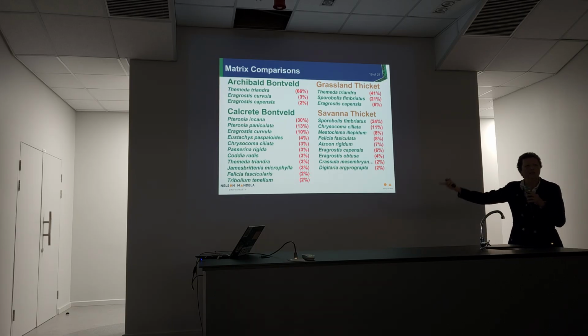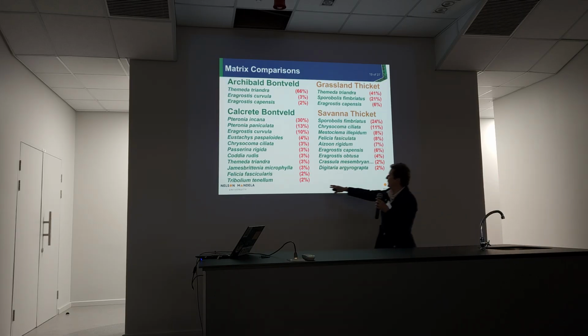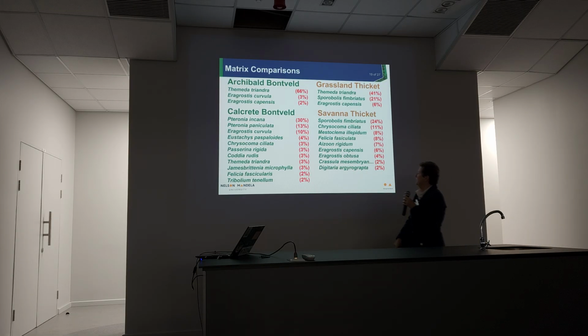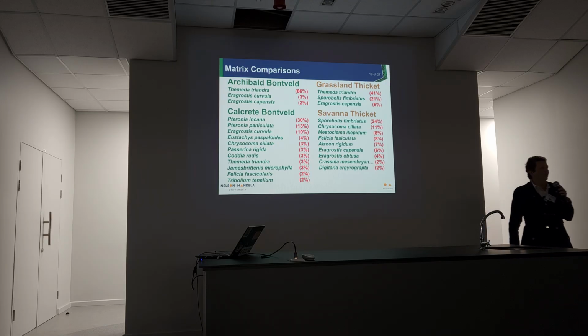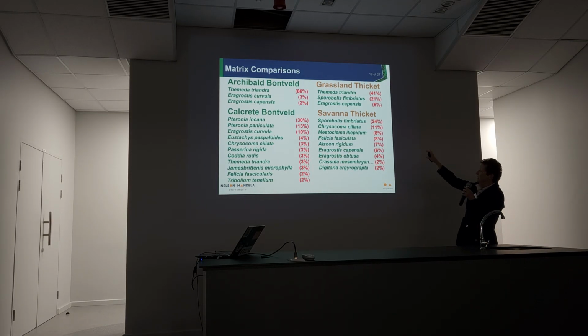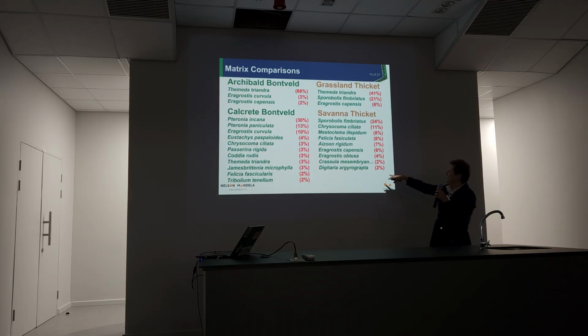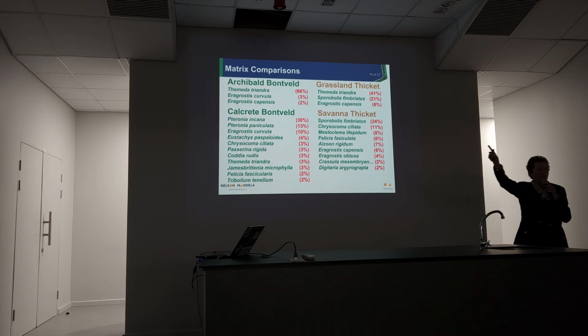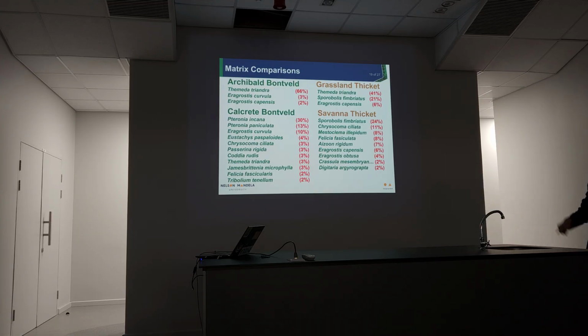Calcrete Bontveld, as predicted, highly diverse, and I've only put up until 2% of the vegetation here. Savanna Thicket in the matrix is also quite diverse, but you'll notice that the Archibald Bontveld and the Grassland Thicket, and that's why they sit on top of each other, are completely overwhelmingly dominated by a couple of grasses.